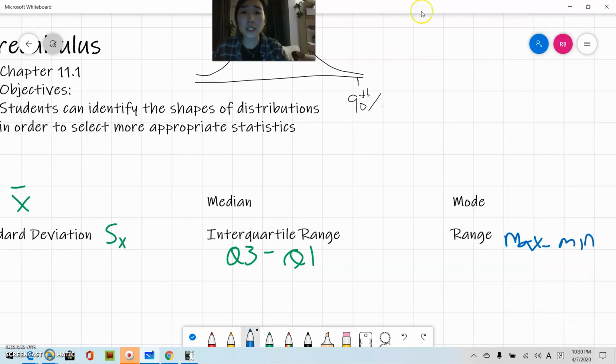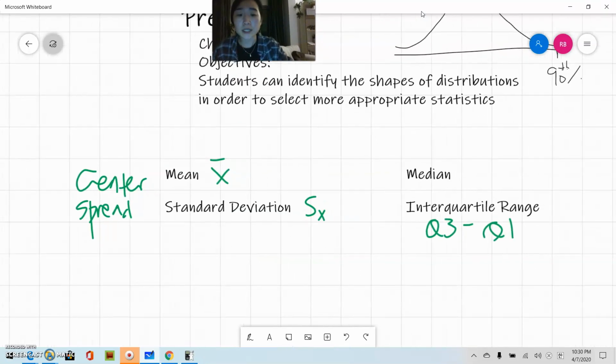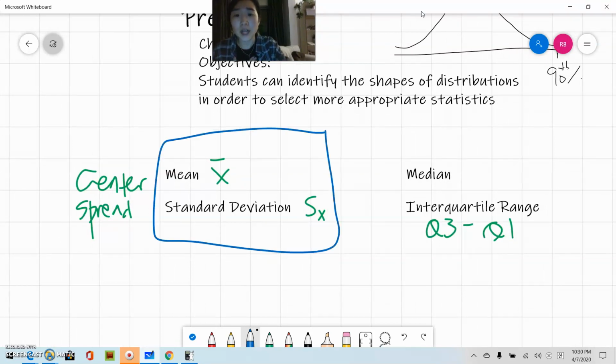So you will always find people preferring mean and standard deviation as their way to describe the center and spread. But there is a disadvantage to mean and standard deviation.